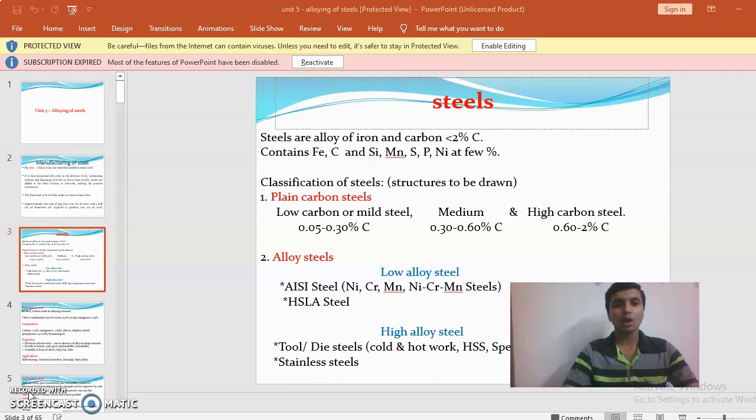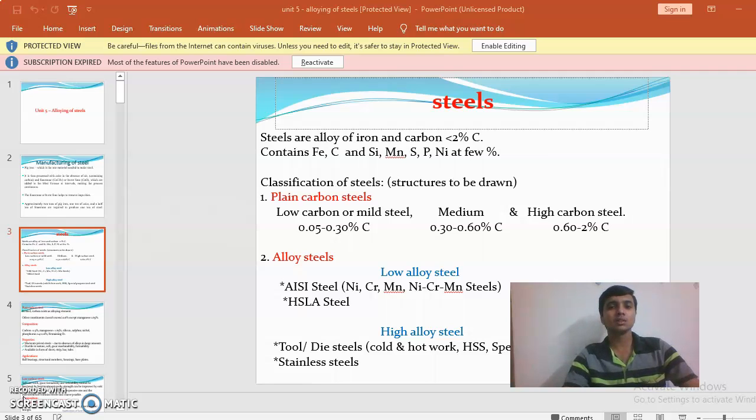Now the alloy steels. Alloy steels are also divided into 2 parts, low alloy steels and high alloy steels. Low alloy steels include AISI, the American Iron and Steel Institute steels, and HSLA, high strength low alloy steel.